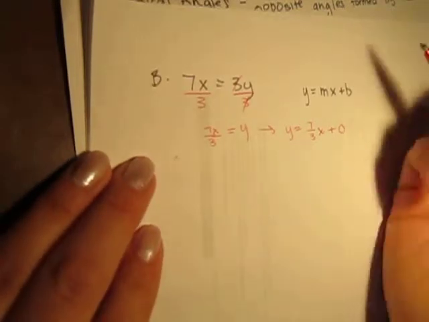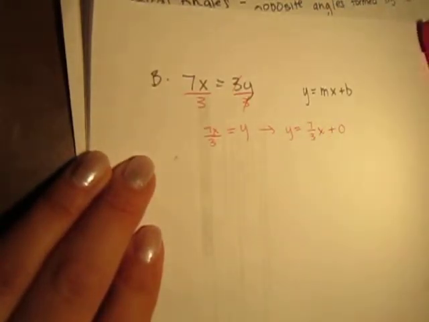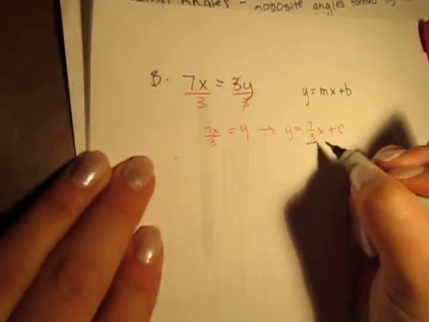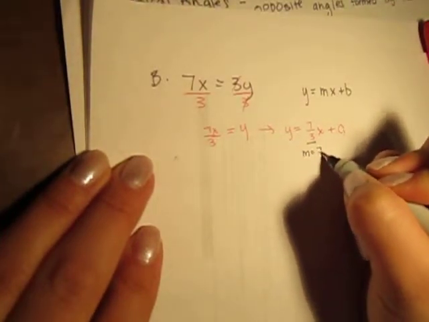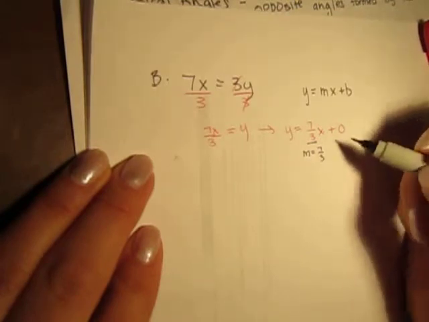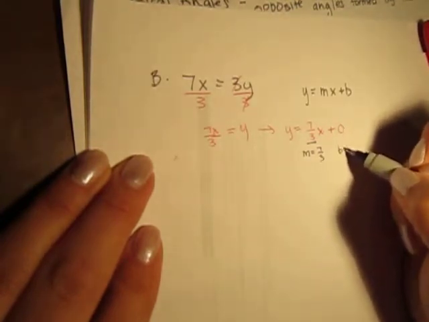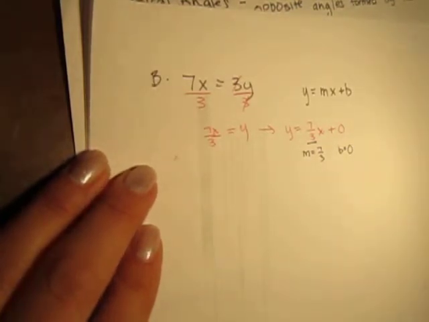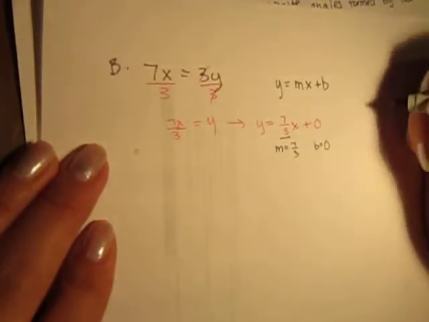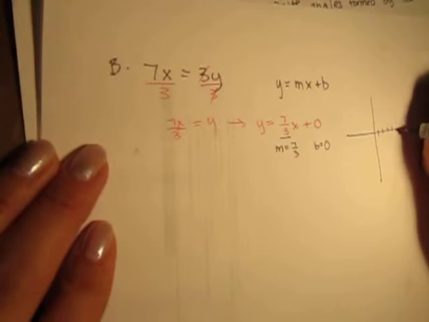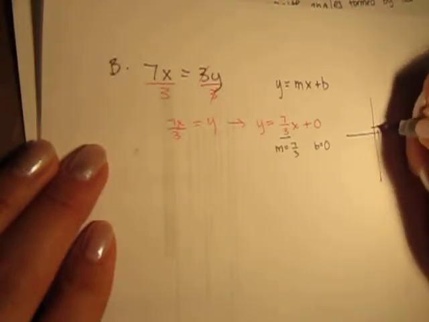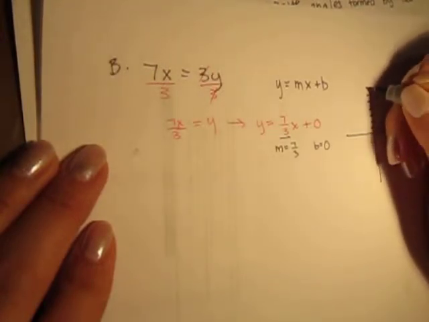So what this tells me is that my slope, that's what m equals, and then my y-intercept, my b, equals 0. And once we have that, that's so easy to graph, because 1, 2, 3, 4, 5, 6, 7.